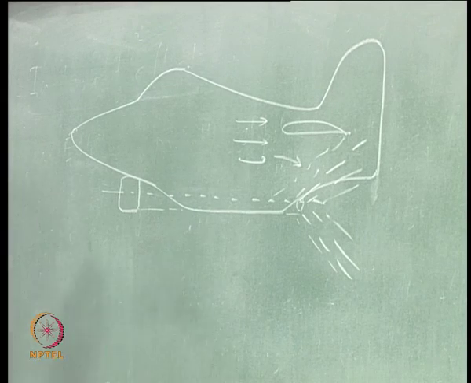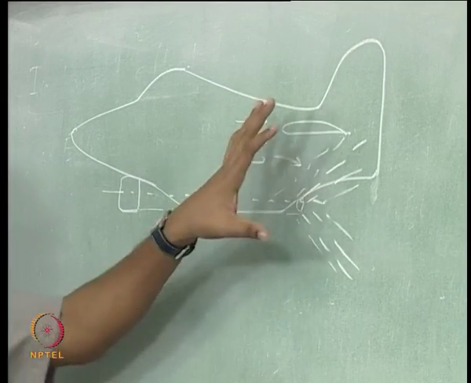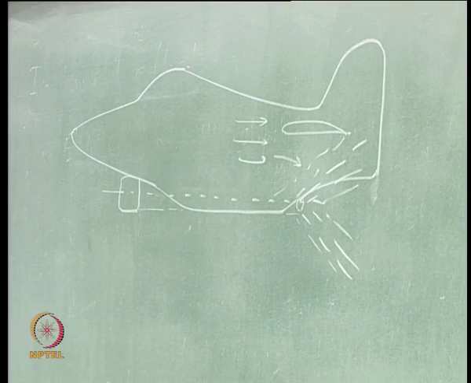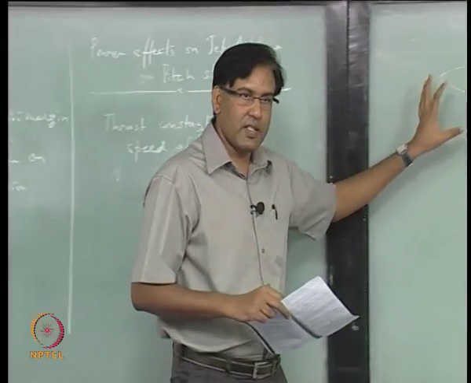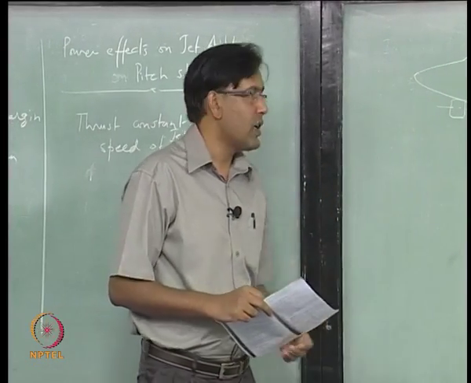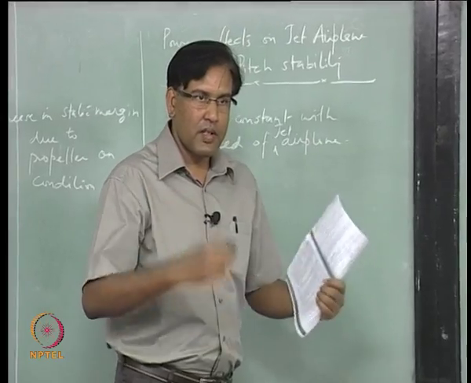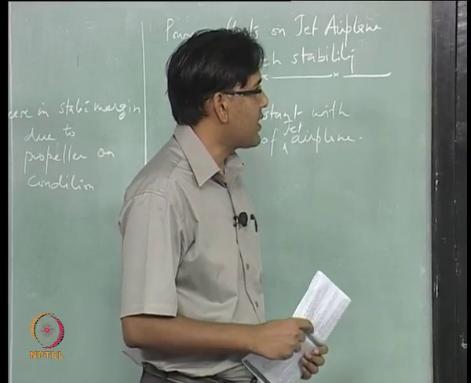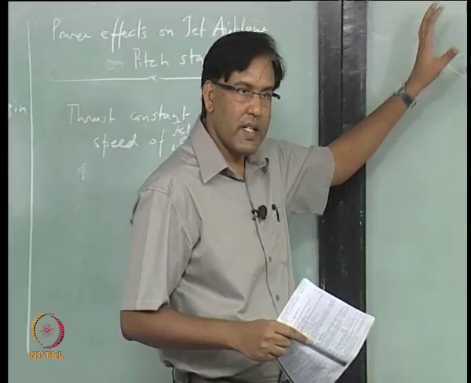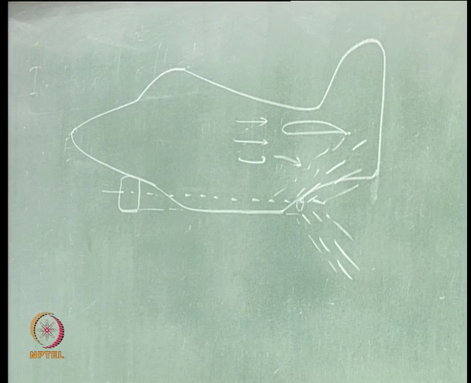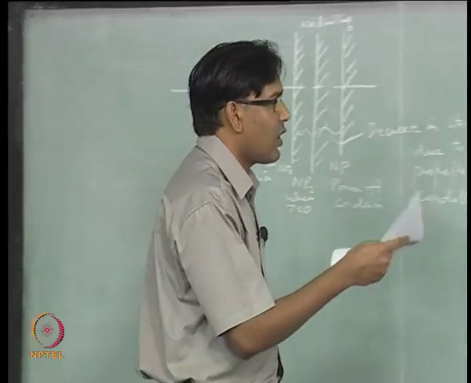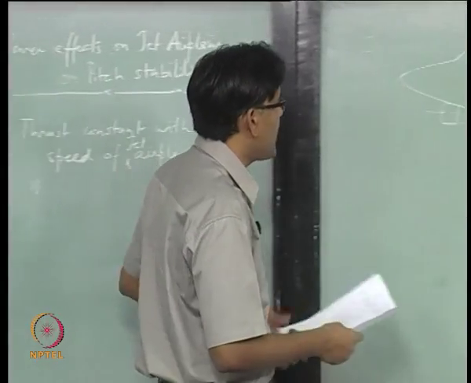So, let us not right now bother about that, we are only looking at some initial estimates, right. We want to design an aircraft, we want to account for all these effects, and only a first hand estimate. If you want a very accurate estimate, you have to design this complete airplane, put it in the wind tunnel, and the wind tunnel is going to give you the best measurement, right. But right now we are only doing a paper design and we want to estimate the effect of all these components on the pitch stability.